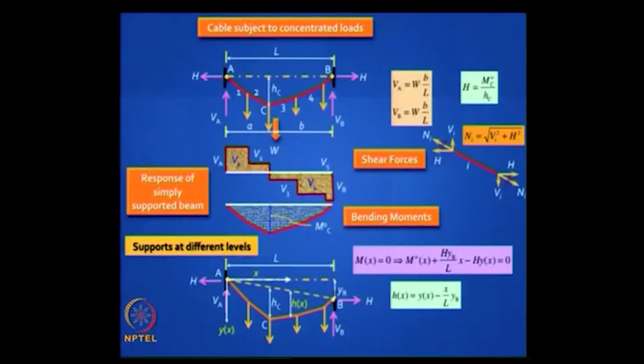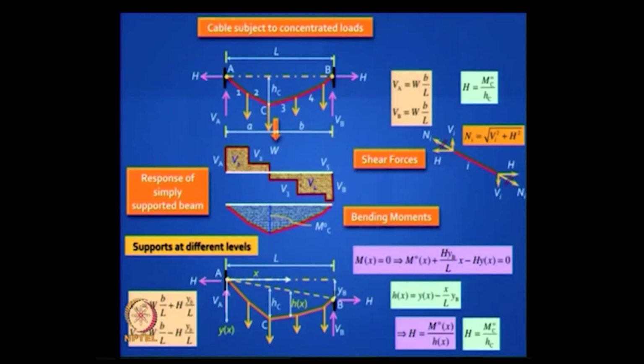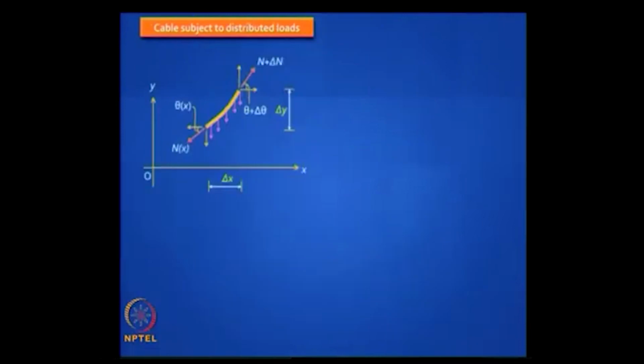So this can be proved. Okay, we will move ahead. The difference between the first case where the two supports were at the same elevation and the second case where the two supports are at different elevations is only in the vertical reactions. The horizontal force is the same, VA increases to some extent and VB reduces.